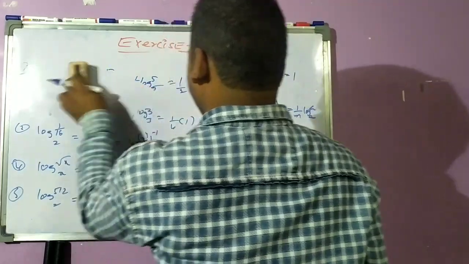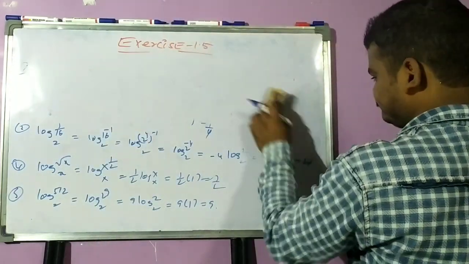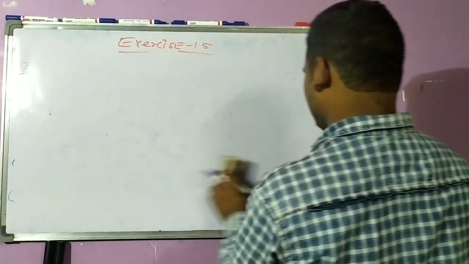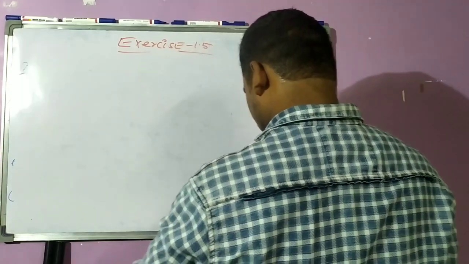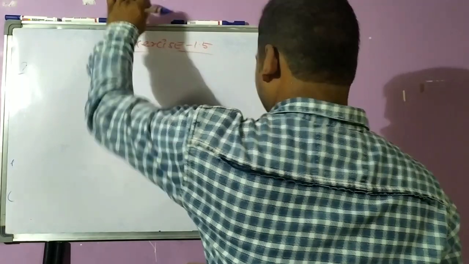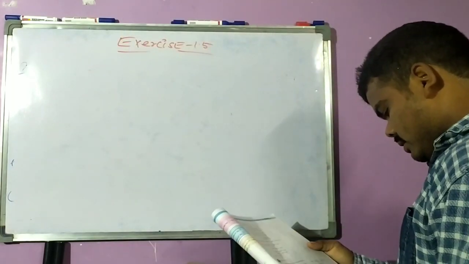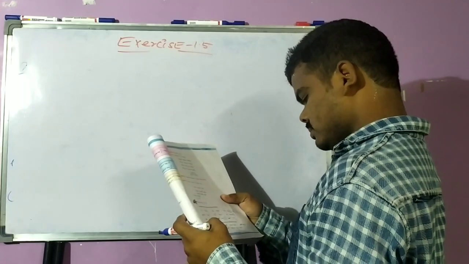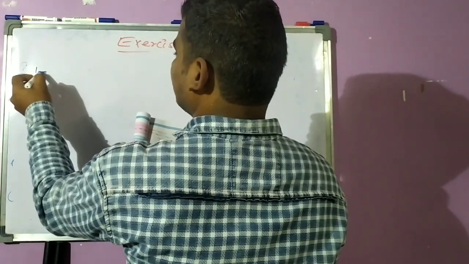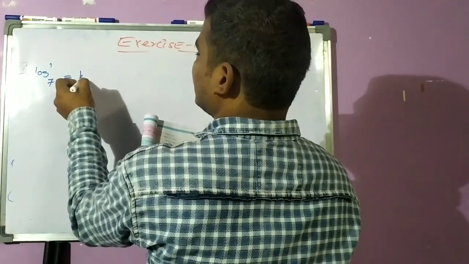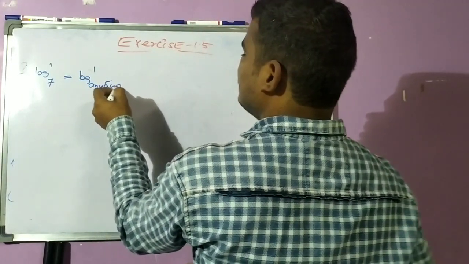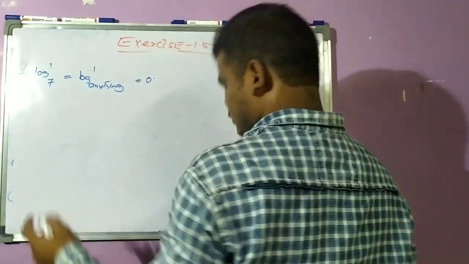Okay. Next one. Logarithm of 1 to base 7. See, logarithm of 1 to base anything, this value is 0.